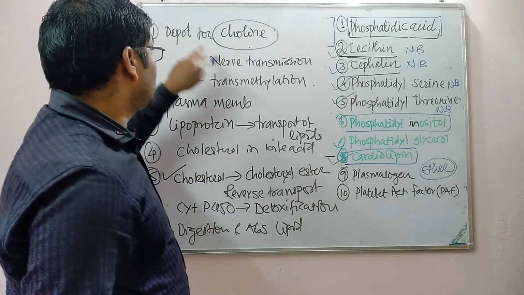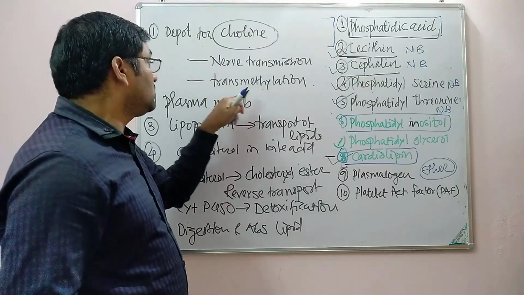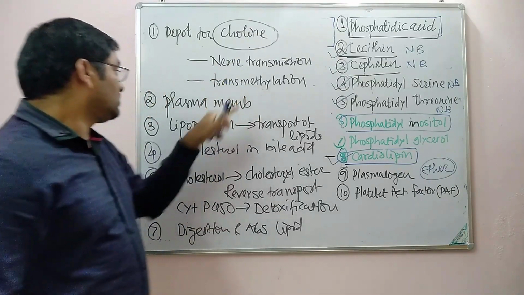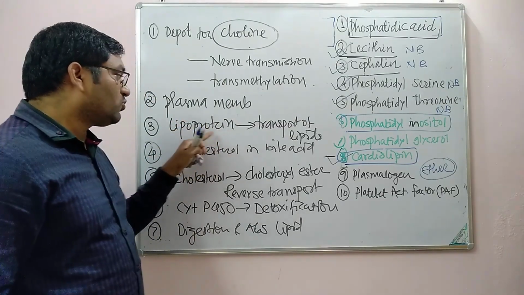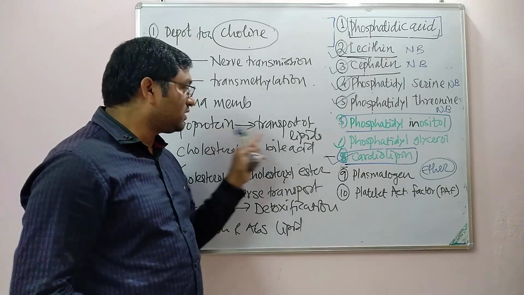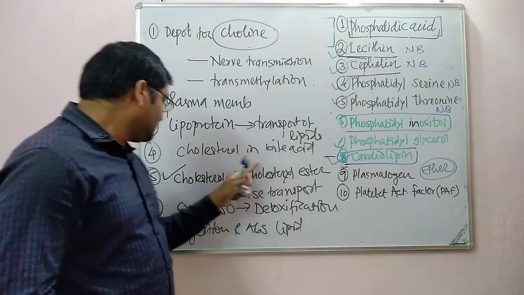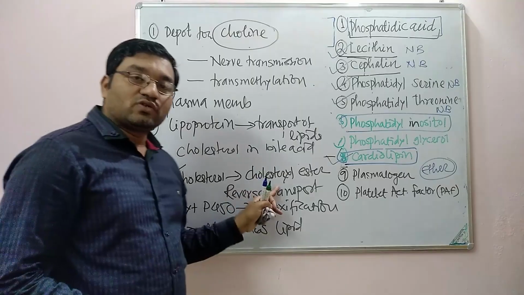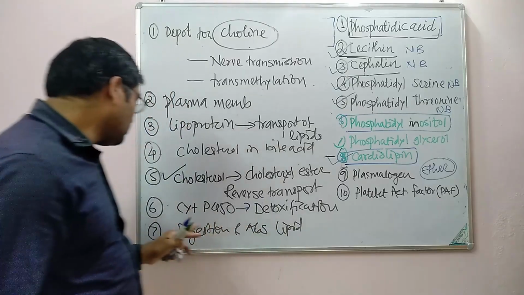The first one is it acts as a depot for choline to help in nerve transmission as acetylcholine and transmethylation reaction. Then it is a component of plasma membrane. Along with protein, they form lipoprotein and help in transport of lipid. It helps to dissolve cholesterol in bile acids. It converts cholesterol into cholesterol ester, and with the help of LCAT and HDL helps in the reverse transport of cholesterol.